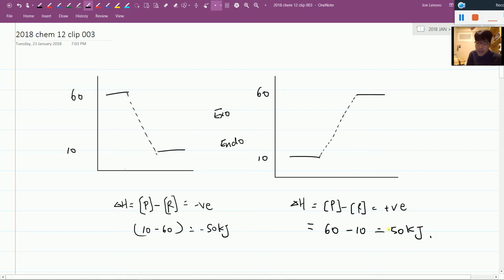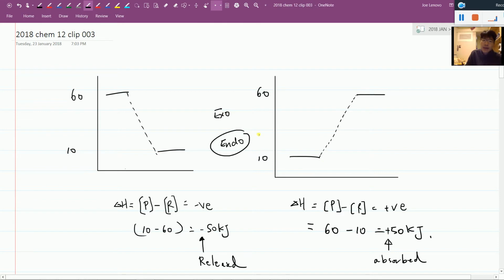One is a positive value and the other is a negative value. So which one is exothermic or endothermic? One more time: when you say negative, it means released. And when you say positive, it only means absorbed. When energy is absorbed, it definitely moves all the way up.